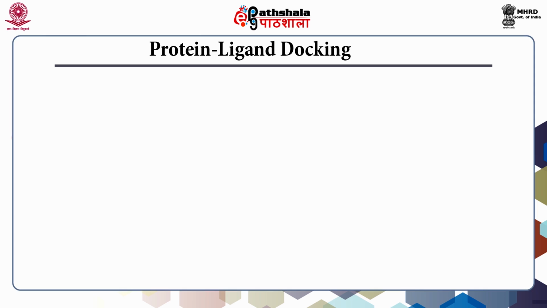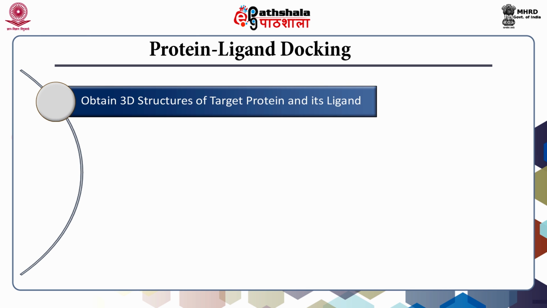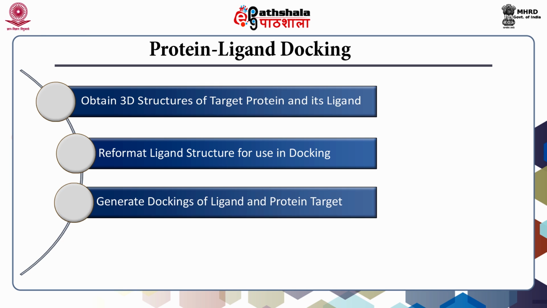Therefore, docking of a known ligand such as a substrate with its binding protein such as an enzyme begins with obtaining the three-dimensional structure of the target protein and its ligand. This is followed by reformatting 3D structure coordinates for submission to docking software for producing protein-ligand dockings.